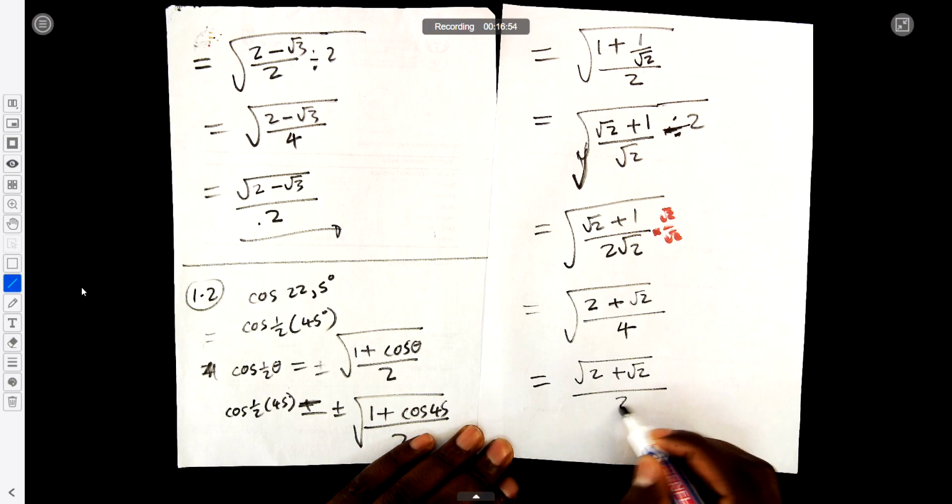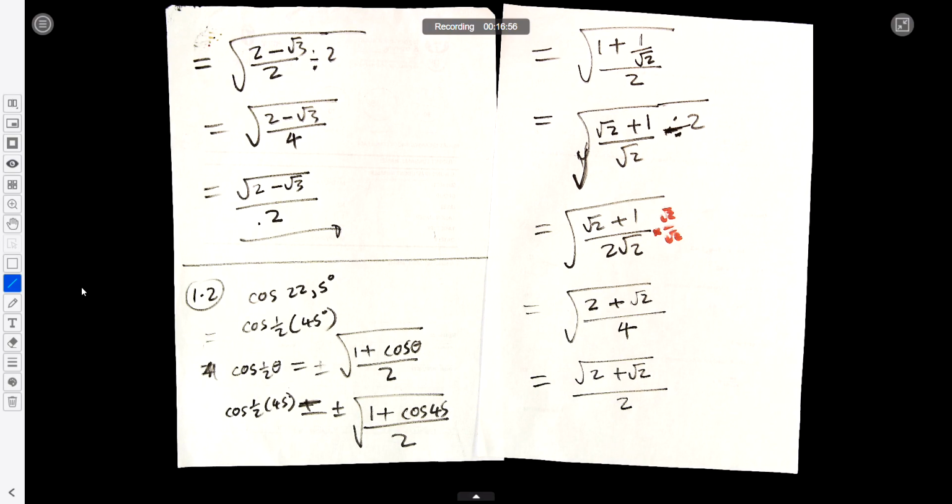Root 4 is 2. So that's how we can simplify that without the use of a calculator. So hence, even if you try and use a calculator and prove, you still get the same answer, same ratios. I think we can conclude it here.